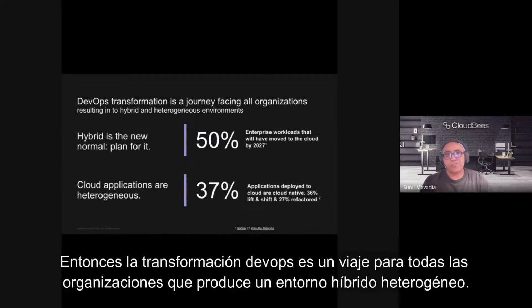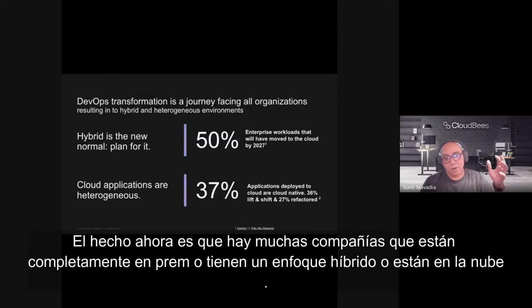So DevOps transformation is a journey facing all organizations, resulting in a hybrid, heterogeneous environment. Now, the fact is that there are many companies out there that are either on-prem entirely or have a hybrid approach or are on the cloud.